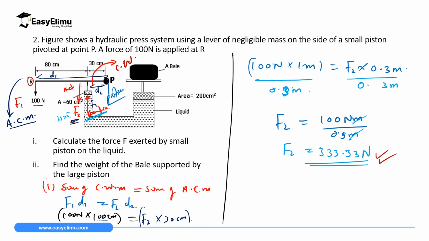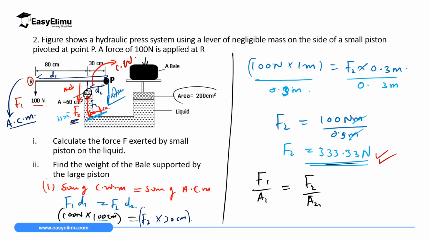Then now the second question asks us to find the weight of the bell supported by the large piston. This one now you can use the fluid equation, that is force 1 over area 1 is equal to force 2 over area 2. In this case, our force 1 here is going to be this one, 333 on the smaller piston. Then our force 2 is going to be the force which is exerted by this bell.